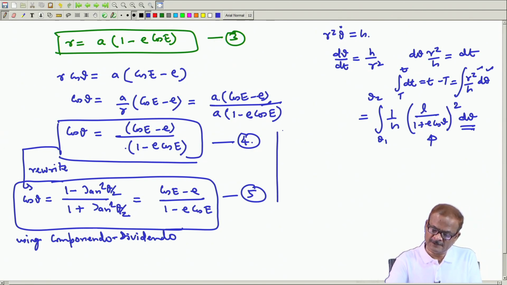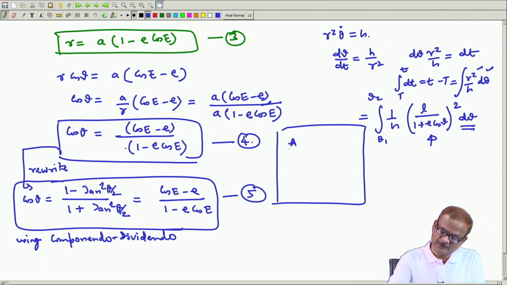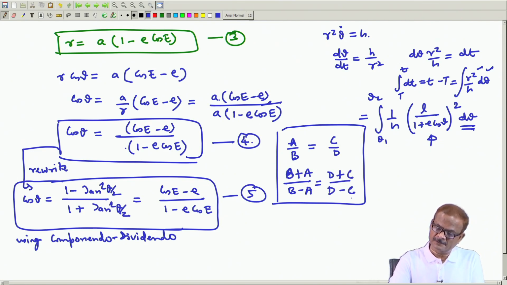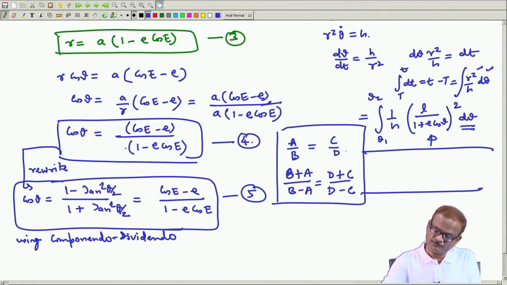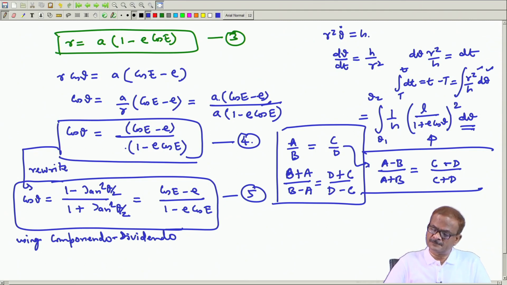The principle goes like this: if we have A by B equal to C by D, we can write it as (B plus A) divided by (B minus A) equal to (D plus C) divided by (D minus C), and equally the same thing can also be written as (A minus B) divided by (A plus B) equal to (C minus D) divided by (C plus D). So, there is nothing peculiar in this.